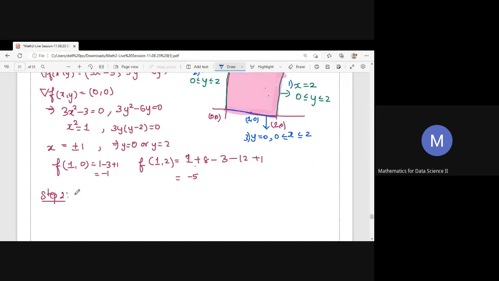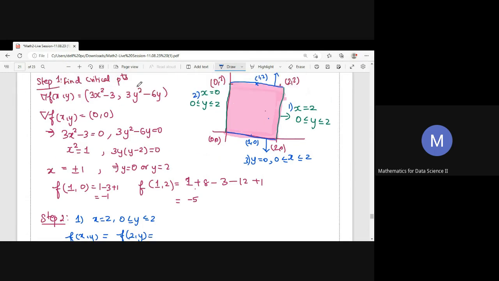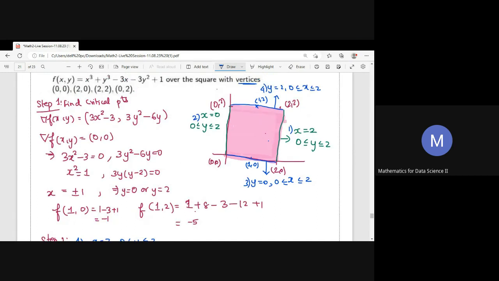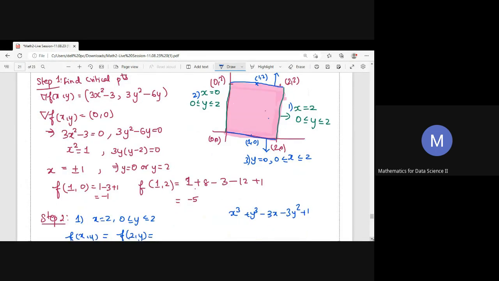In the first case, x is equal to 2, 0 less than or equal to y less than or equal to 2. So your f of x comma y, you can write as f of 2 comma y. Now what is f of 2 comma y? For this function, what is your function? x cube plus y cube minus 3x minus 3y squared plus 1.